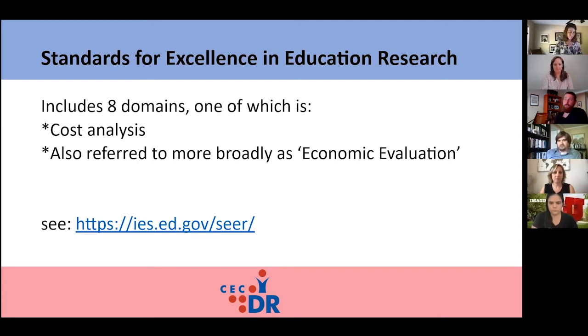They call it SEER. Currently it includes 8 domains, one of which is cost analysis. So they're clearly really trying to drive this home moving forward. Cost analysis is nested under economic evaluation. That's a very broad term, but one of the components is definitely cost analysis.